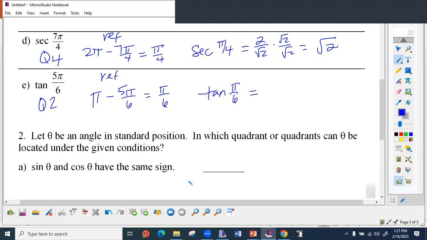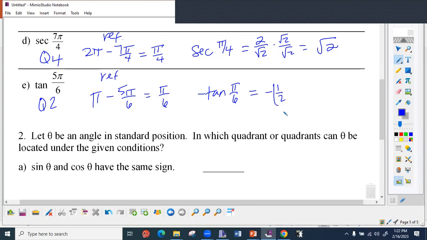Tangent means what in terms of ordered x and y? Y over x. So my y value at pi over 6, which is 30 degrees, right? My y value at pi over 6 is square root of 3 over 2. No, wrong way. It's 1/2. I went the wrong way. Y is 1/2, right? Confirming, everybody? Okay.